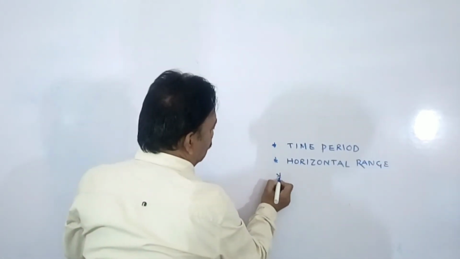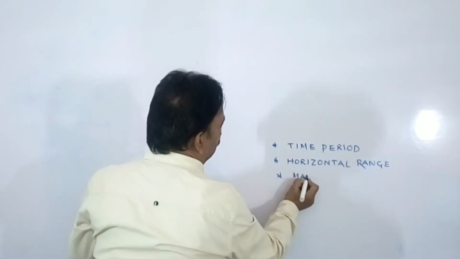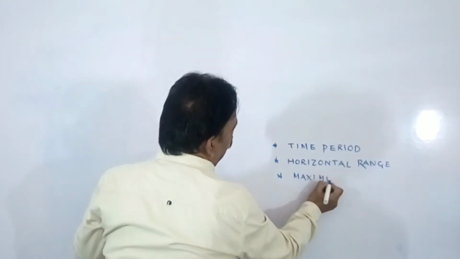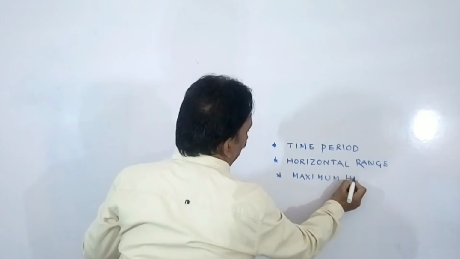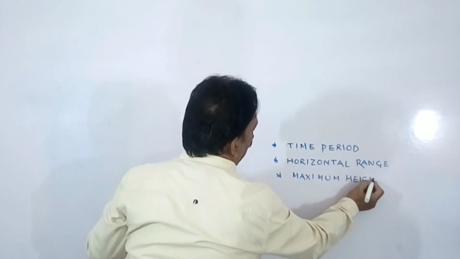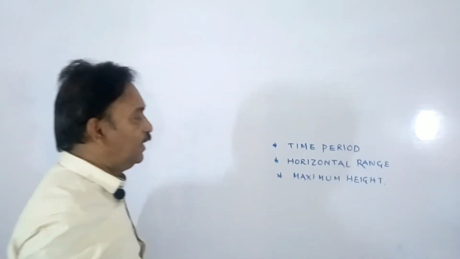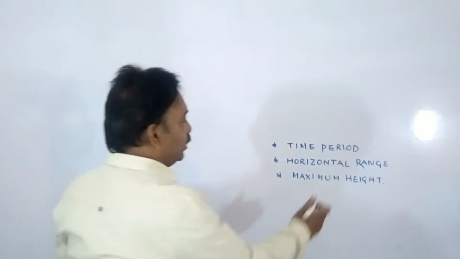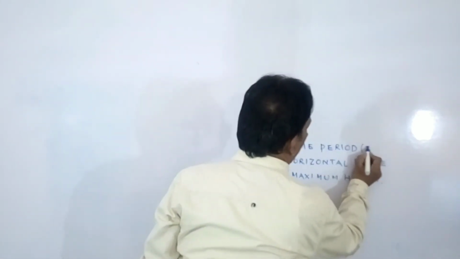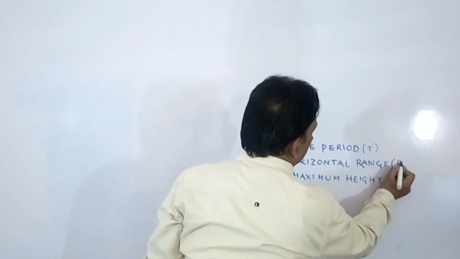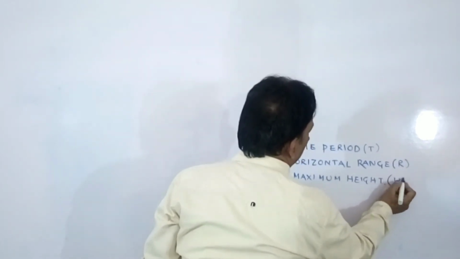Third is maximum height. Okay students, these three are very important. The time period is shown with the capital letter T, range is R, and then the height.